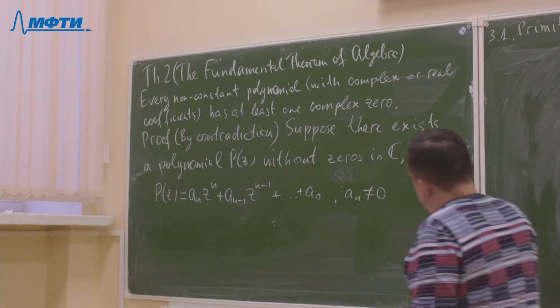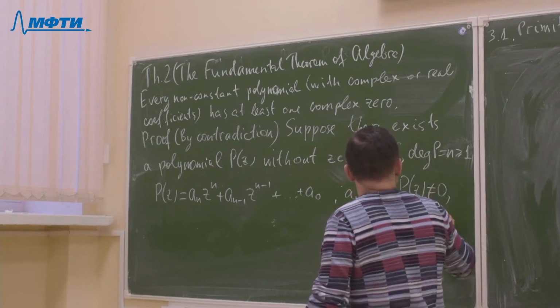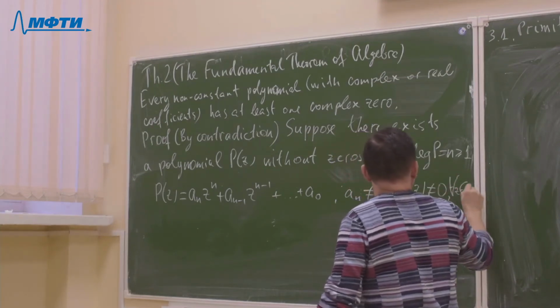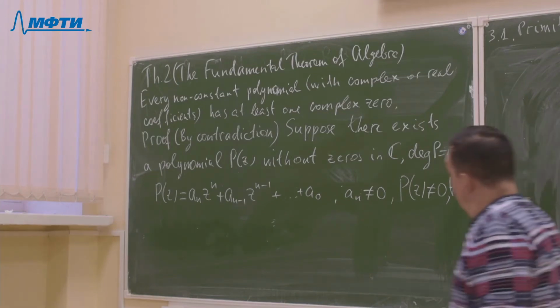So we suppose P of z not equal to 0 for all z in C. So it has no complex zeros. It's never 0.